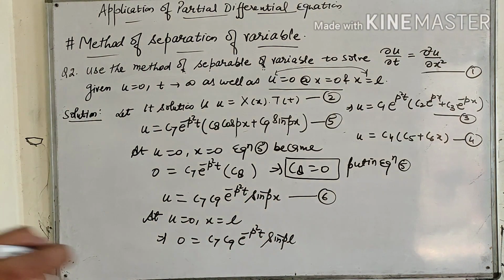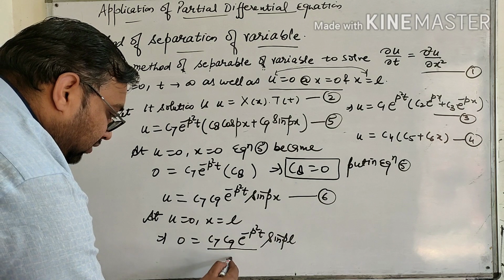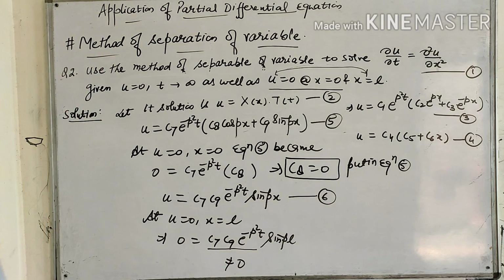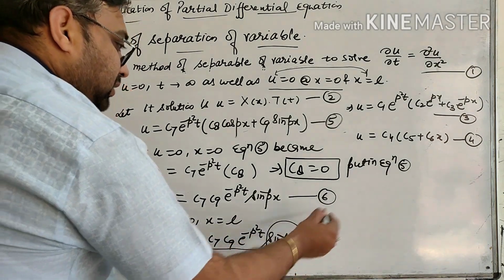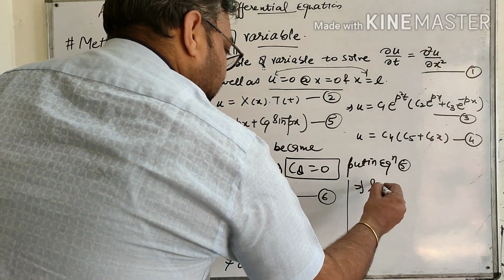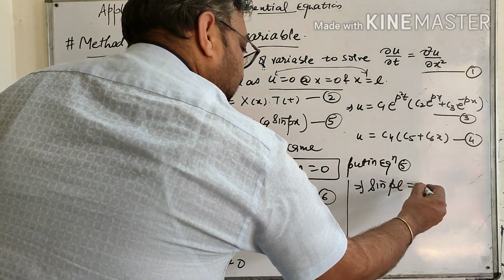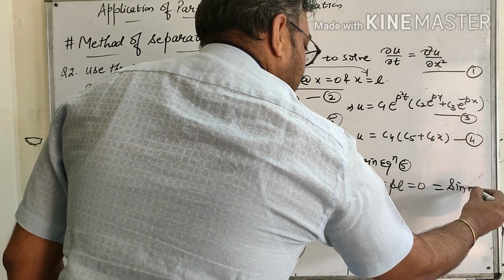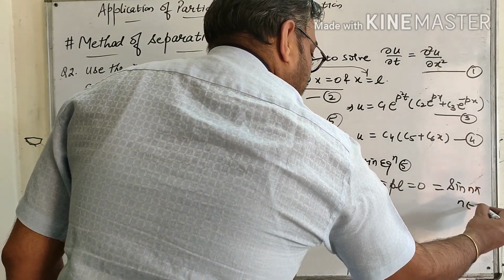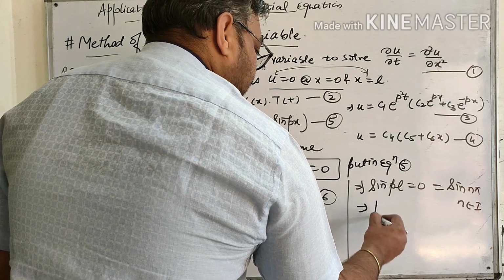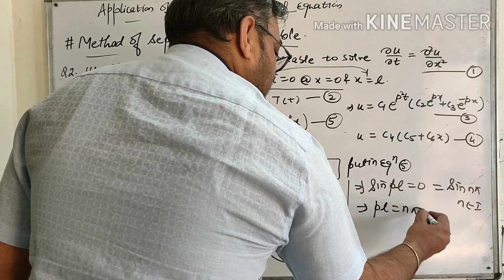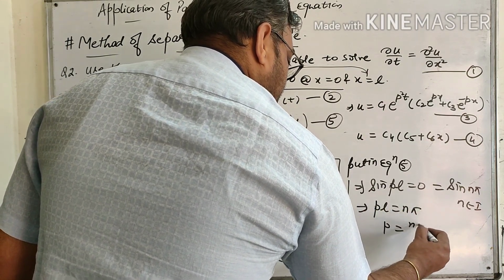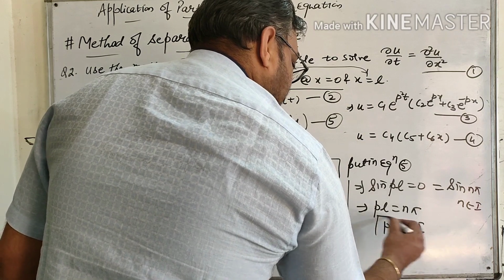Again we cannot put all these three equal to 0, so only sin pL remains. So on putting sin pL equals 0, we get pL equals n pi, for n belonging to integers. So p equals n pi by L.